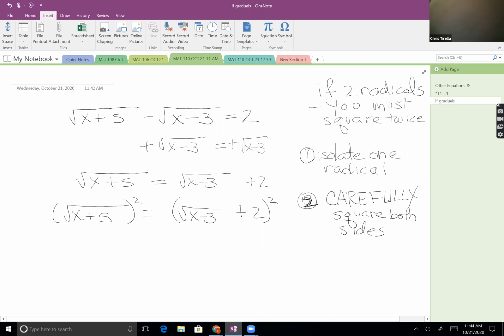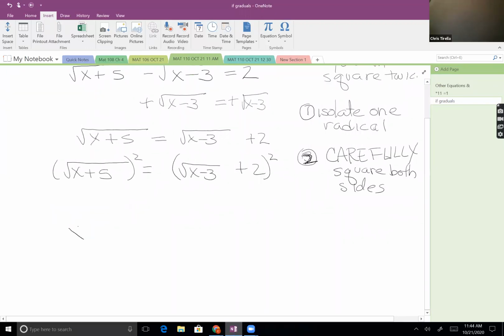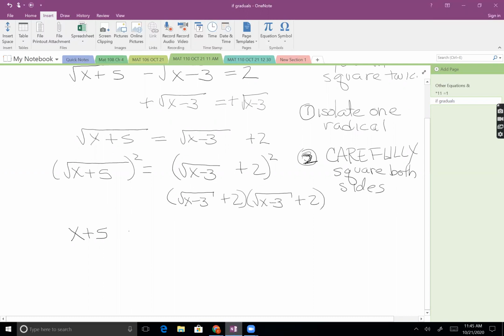And the left-hand side's pretty straightforward. When I square a radical, I just get what's underneath. But on the right-hand side, when I square that thing, I have to think of either using that pattern for squaring a binomial that we discovered as we completed the square, or I have to take that thing and multiply it by itself twice. I'm going to go through and multiply it by itself twice.